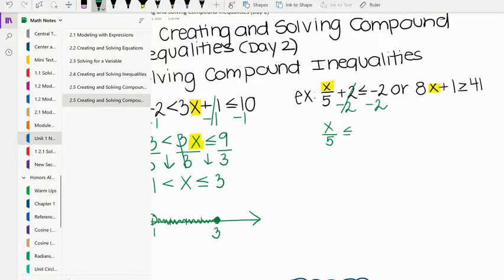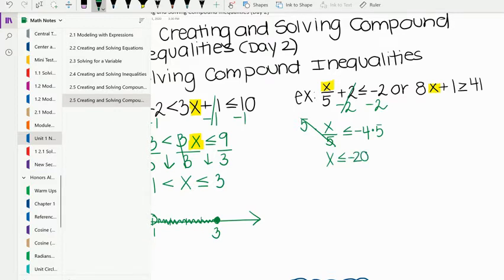I bring down my sign, and I get -4. And then from there, I'm going to go ahead and multiply by +5. And so we would get x is less than or equal to -20.